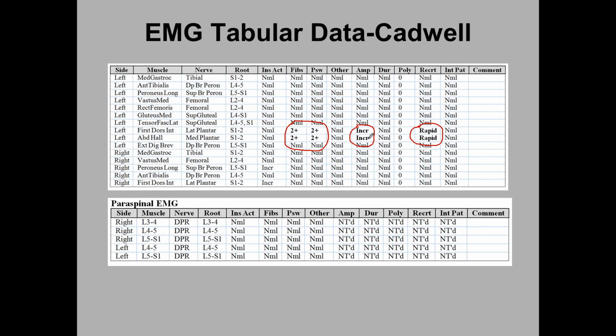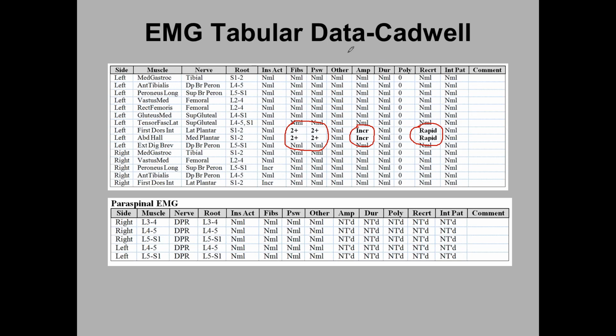And as those axon sprouts become more synchronous, the duration of that potential decreases, the number of phases decrease, and the amplitude increases. So large amplitude motor units reflect motor axonopathy that is mature, by way of mature collateral axon sprouts.